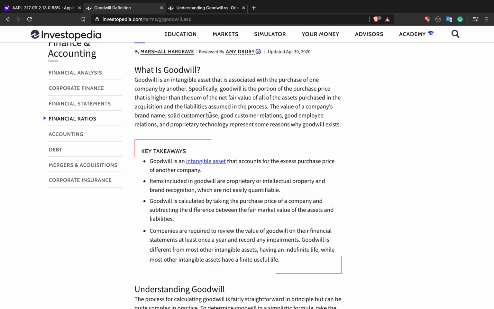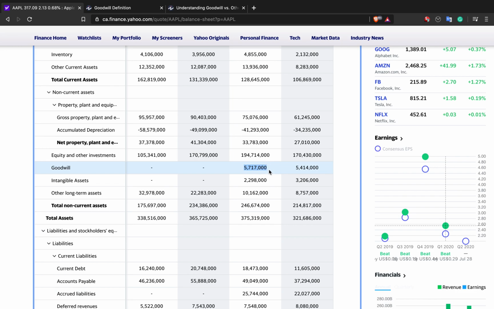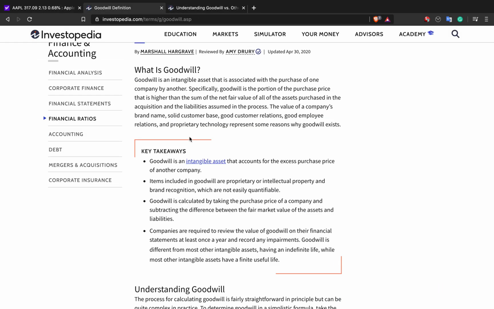Now, to help you understand a little more, Apple is valuing its goodwill at 5.7. The meaning of that is Apple says, I have a good company and I'm going to value my company's goodwill because of the brand name I've built in the market, the solid customer base, and good customer relations.